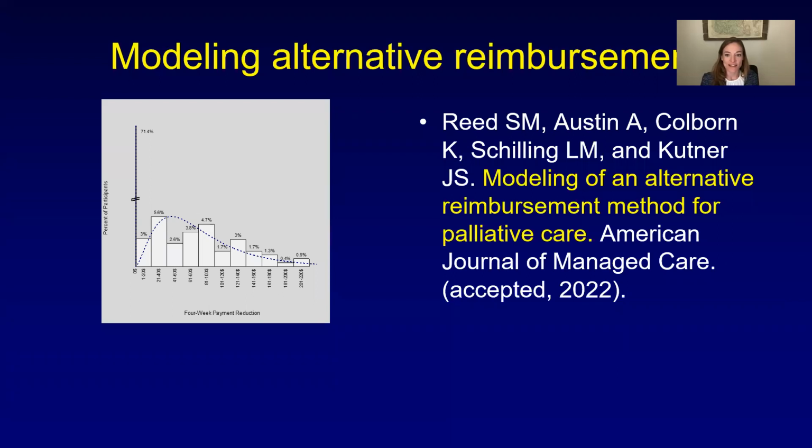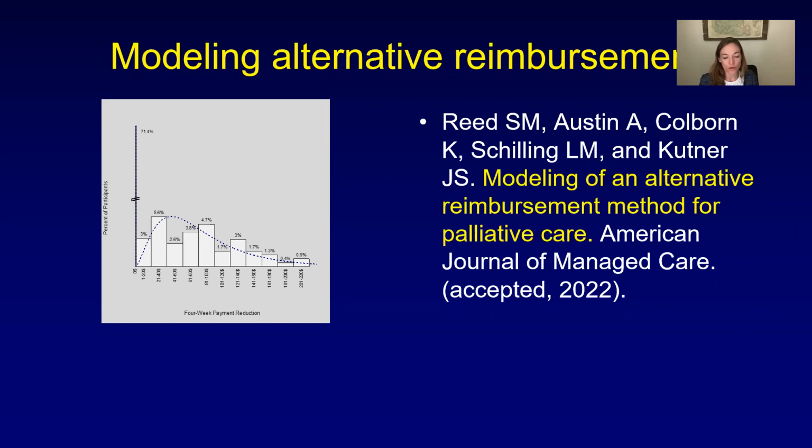So this study was actually really fun to be a part of. This was a study I worked on with colleagues at the University of Colorado, and it evaluated the patient and caregiver support for serious illness, or PASI, which is a per member per month alternative reimbursement structure for palliative care services.